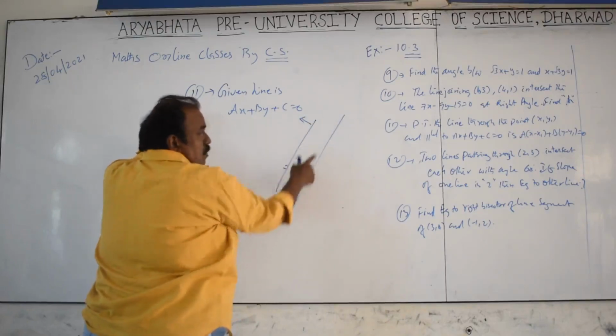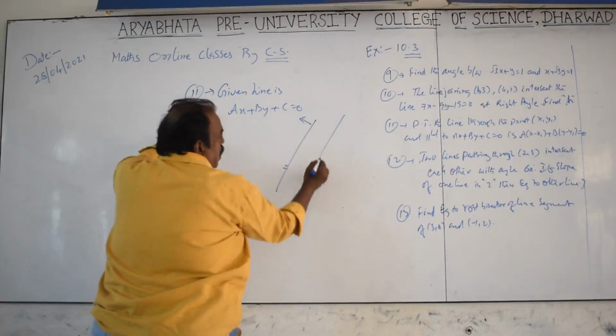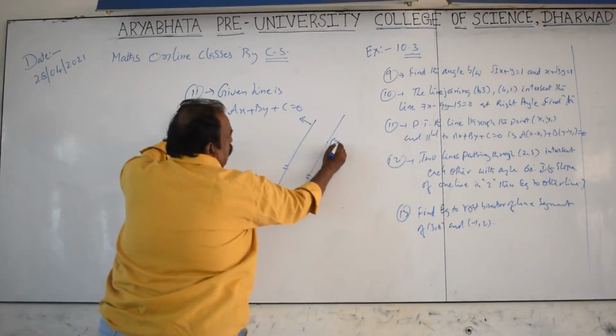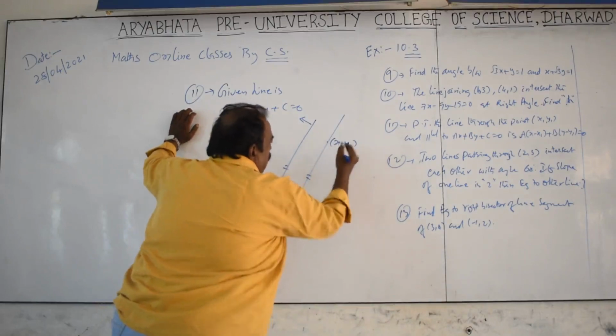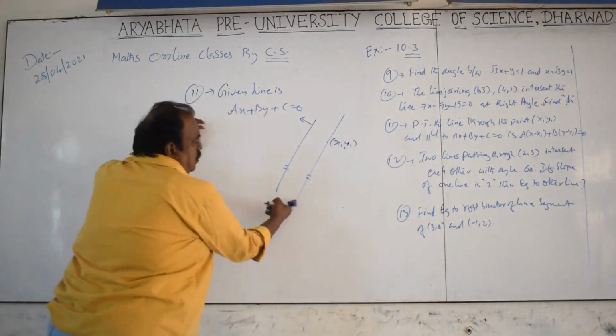The required line is parallel to the given line and also passes through the point (x1, y1). I have to find this equation.